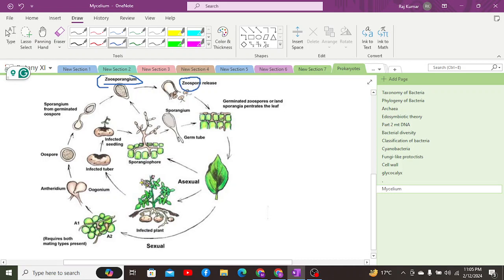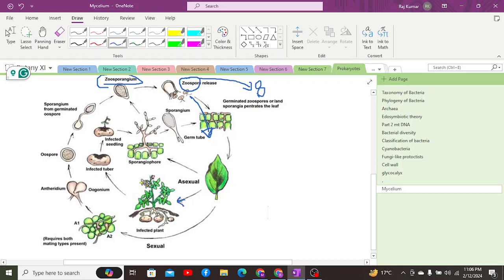Each zoosporangium releases eight biflagellated zoospores, which further go inside the cell, penetrate the leaf, and develop germ tubes. This germ tube development leads to the formation of a separate Phytophthora infestans structure within them.